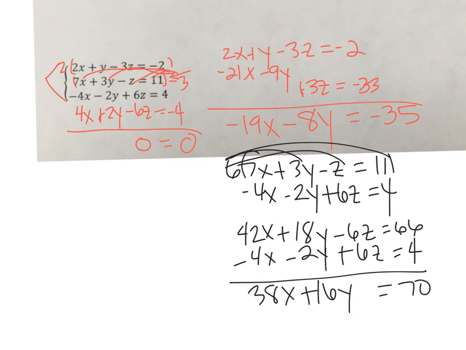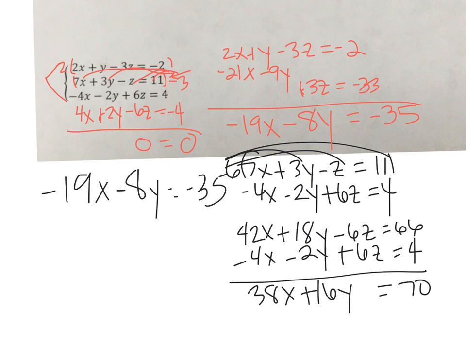Okay. All right. So because I got infinite solutions earlier on, what I have left is two equations with two variables each, and I'm noticing that just by looking, I can multiply the top one by a 2 to cancel out the bottom one.